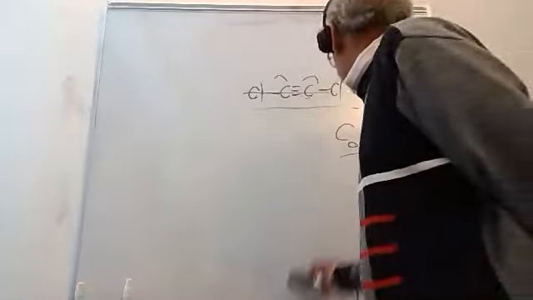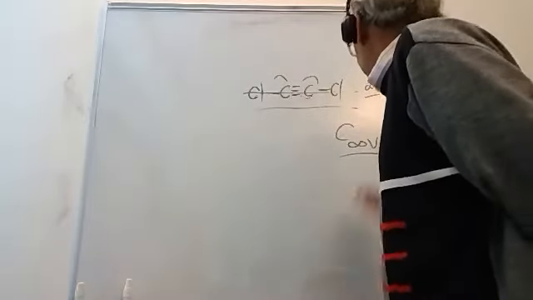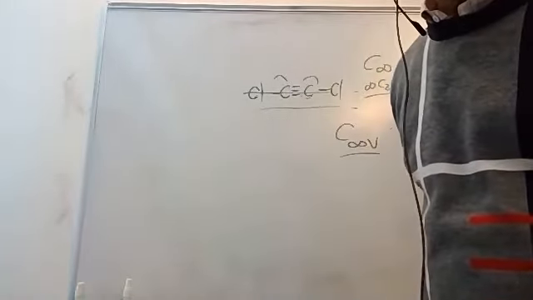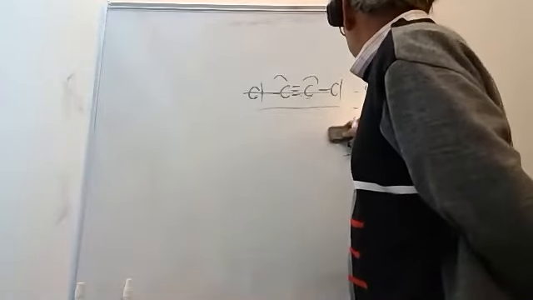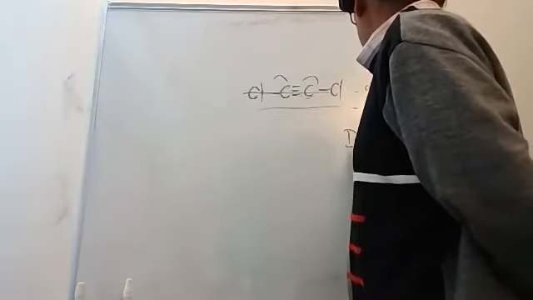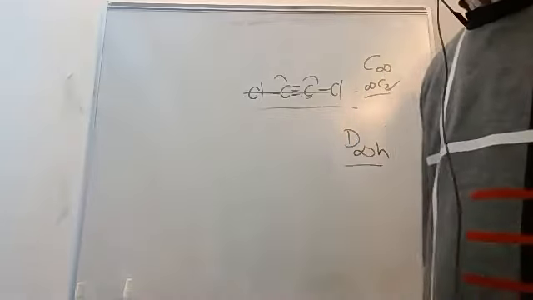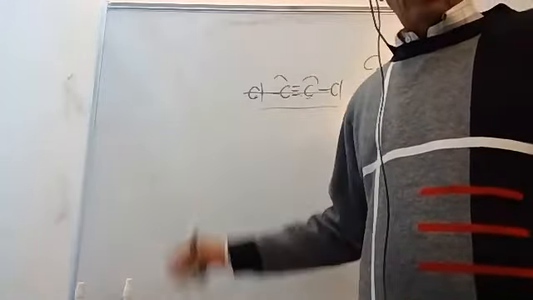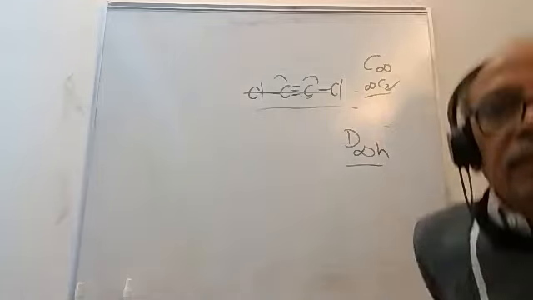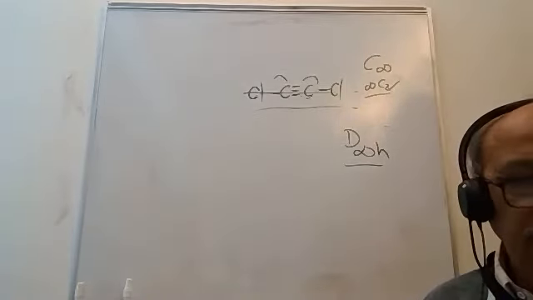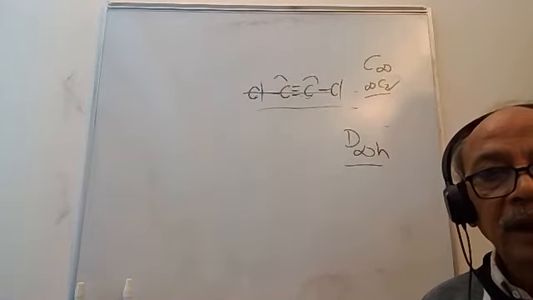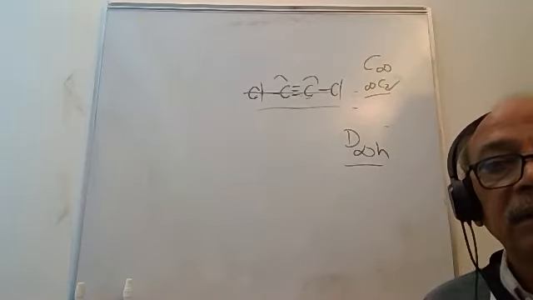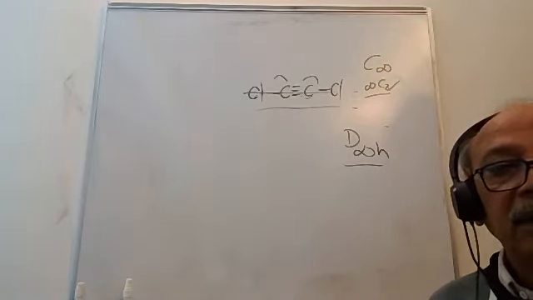That plane becomes your sigma H, perpendicular to C infinity V, so the point group changes to what we call D infinity H. Just one atom changed, and suddenly the point group changes. The monochloroethylene is a polar molecule, but dichloroethylene is nonpolar, because molecules that belong to the D groups cannot be polar.